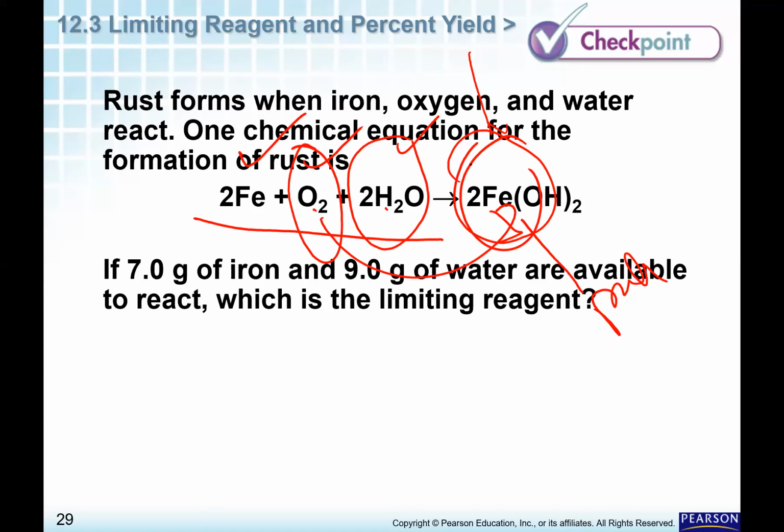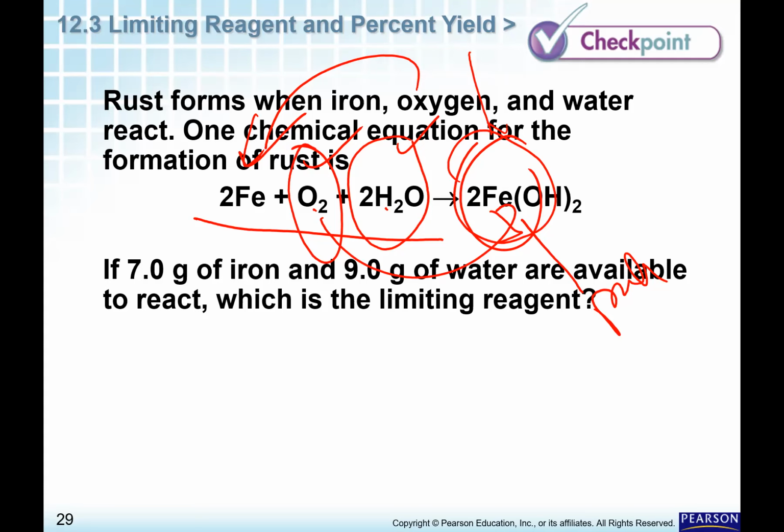That's why you have to determine first, which is, of course, by default here, the iron, but that's not the way to determine it. In order to determine the limiting reagent, you have to look for the number of moles available of each reactant. Or if you have the moles of one of them, you can go to the grams of the other one.